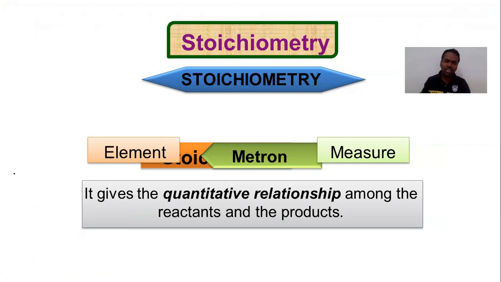So let us see what is stoichiometry. It mainly gives the quantitative relationship among the reactants and the products. So what is this quantitative relation? Before applying stoichiometry to any chemical reaction, you need to follow some procedure.